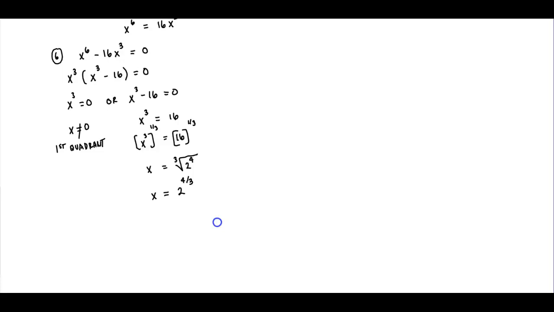Now we want to find out the value of y. We know that the equation for y was equal to 1/2 x squared. So we're going to plug in x to find out what y is. y is going to equal 1/2 times 2 to the 4/3 raised to the 2nd power.